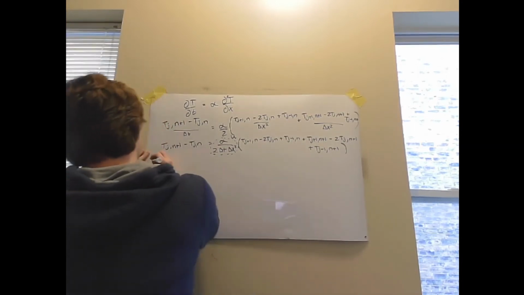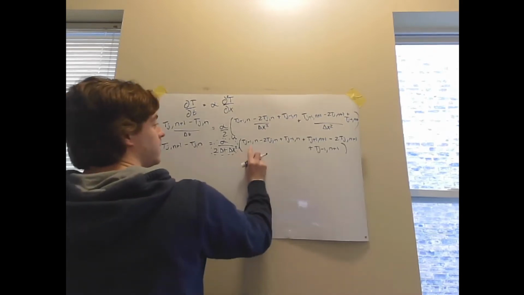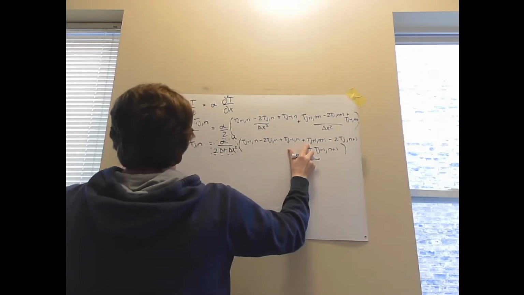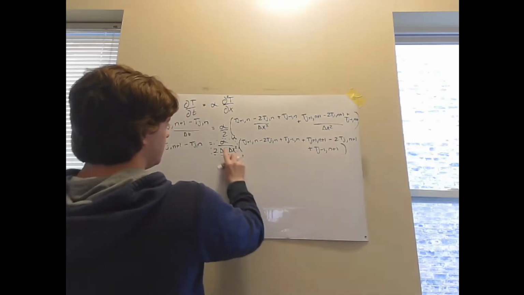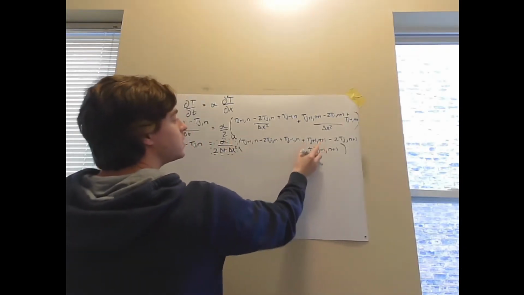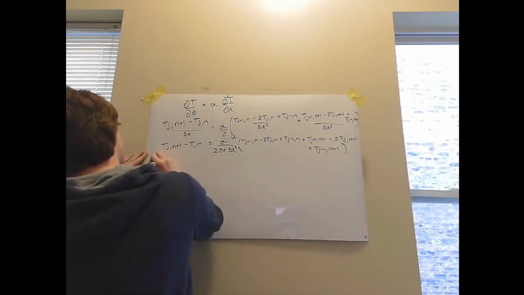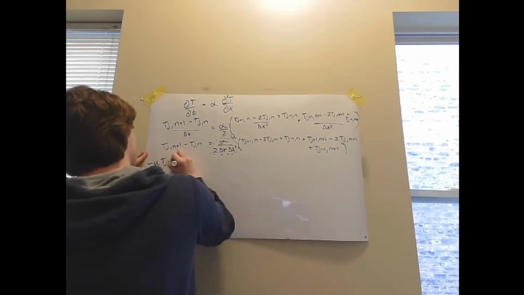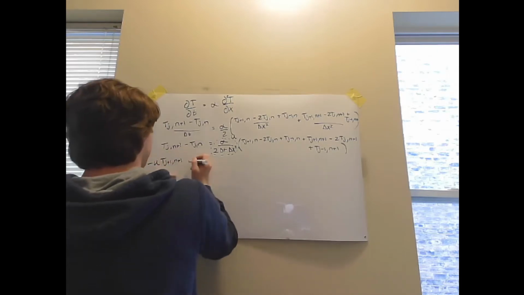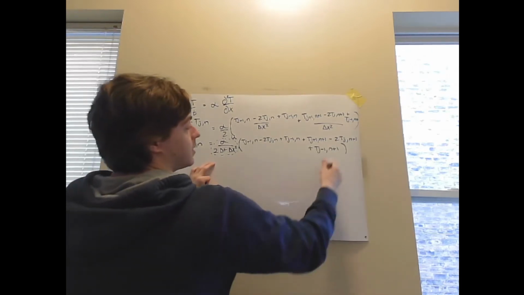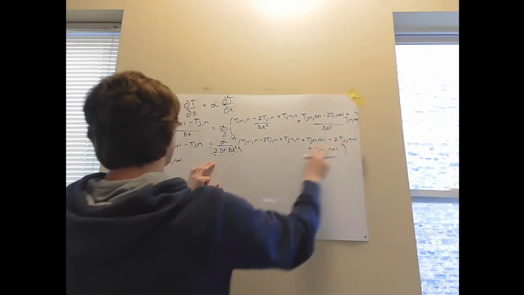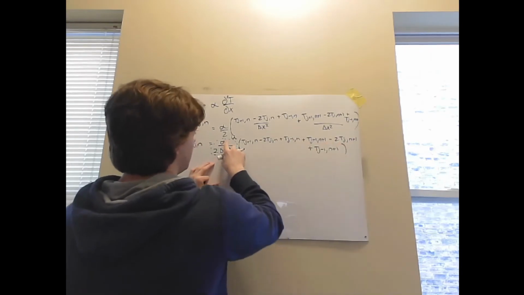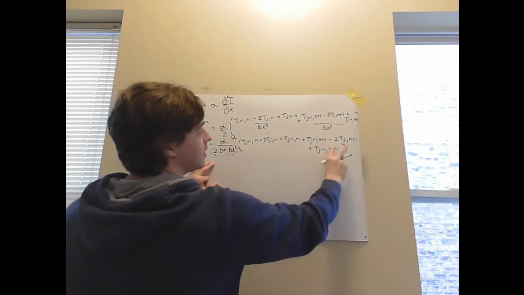And so now we can go ahead and start moving these over. Moving this term here over, we're going to have u times this term subtracted to the other side. So it's going to be negative u times T at j plus 1 and n plus 1. And now I'm going to move this term over and combine it with this one. So it's going to be u times negative 2.